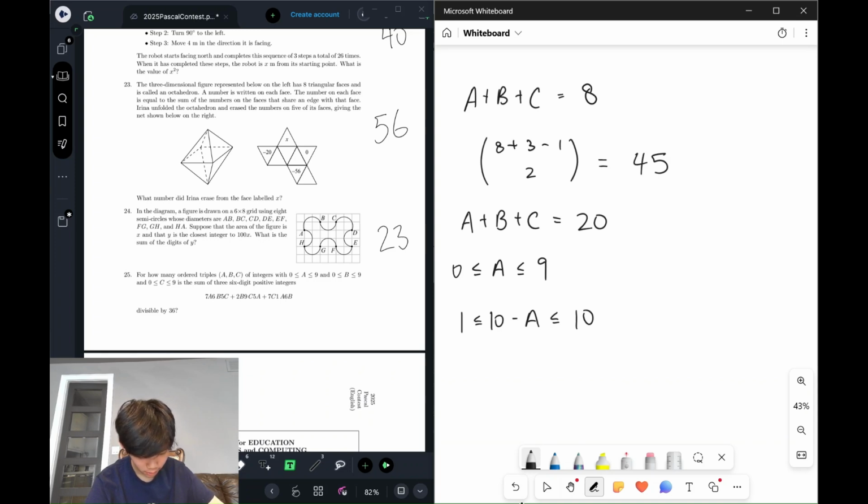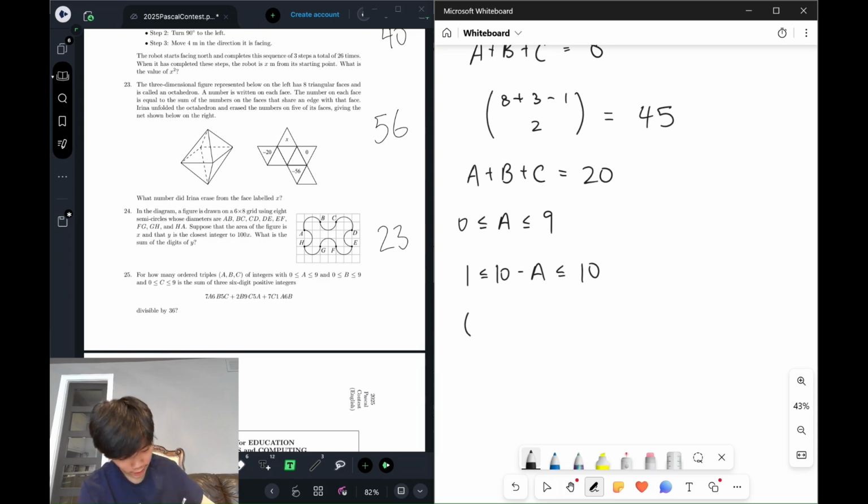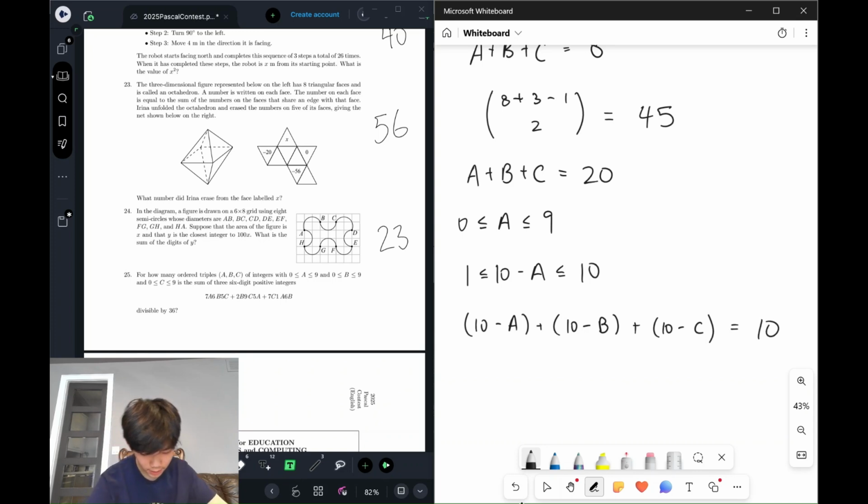So if we substitute 10 minus A for each of A, B, and C, then we have that 10 minus A plus 10 minus B plus 10 minus C equals 10, where each of these is between 1 and 10.